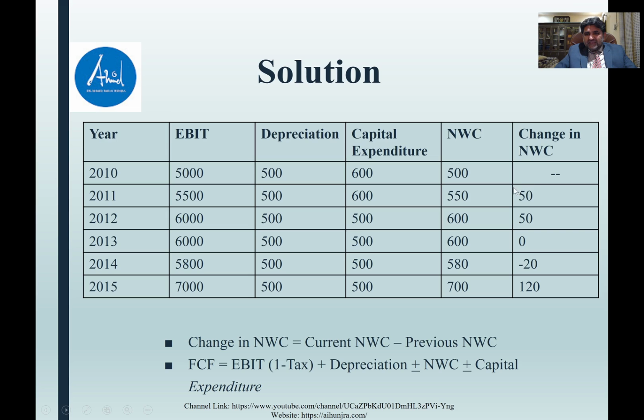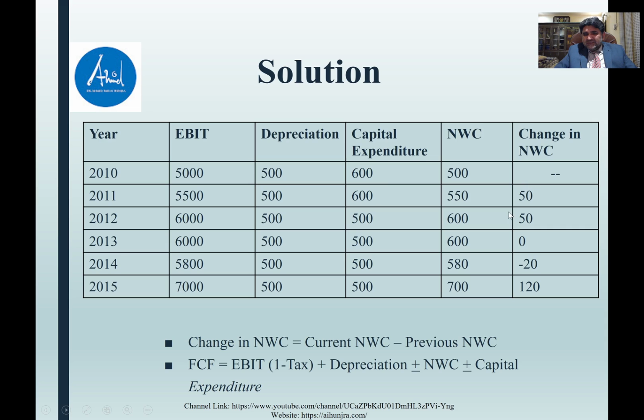Then the free cash flow value will be decreased, because in the previous year 500 was required and this year 550 is required, so 50 is extra. Obviously it's a positive value. The free cash flow will be less, because it's the business requirement.